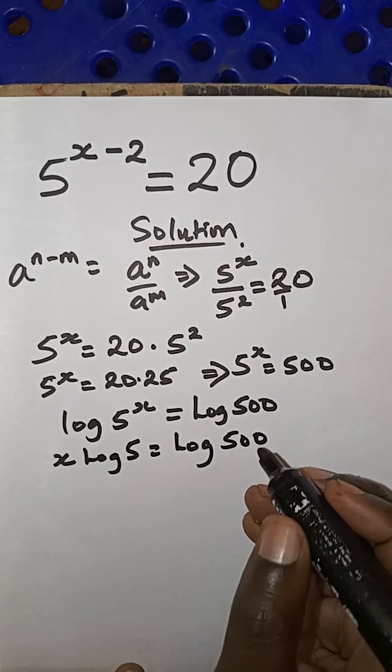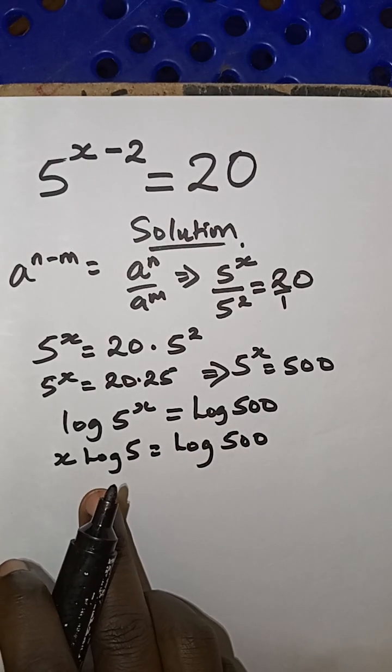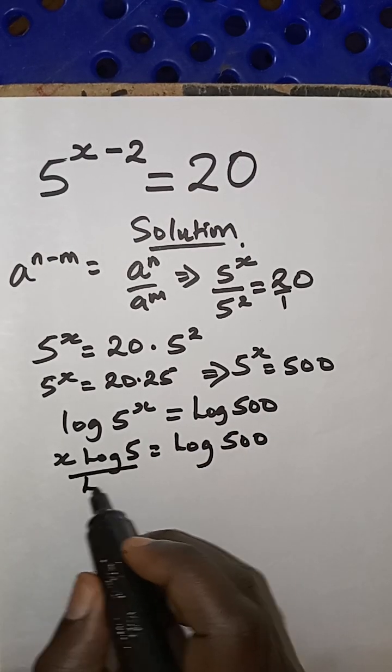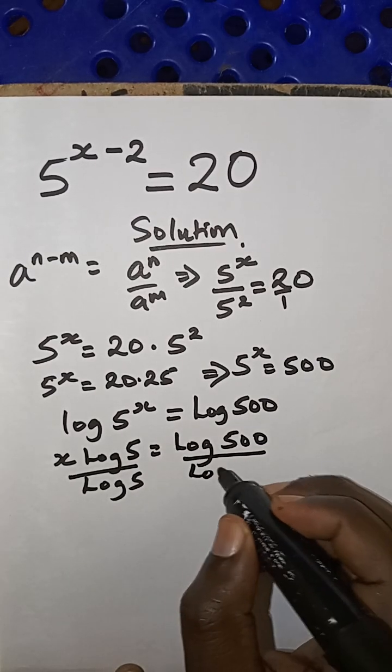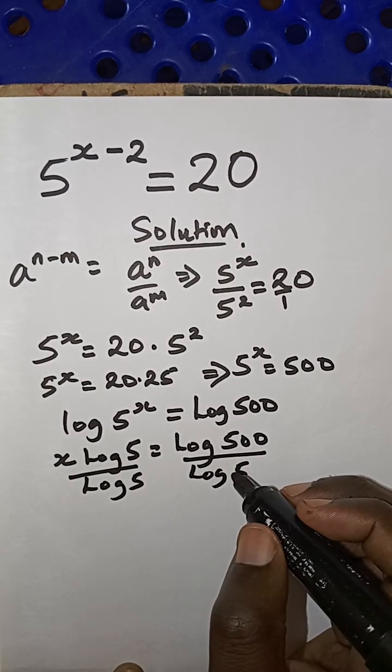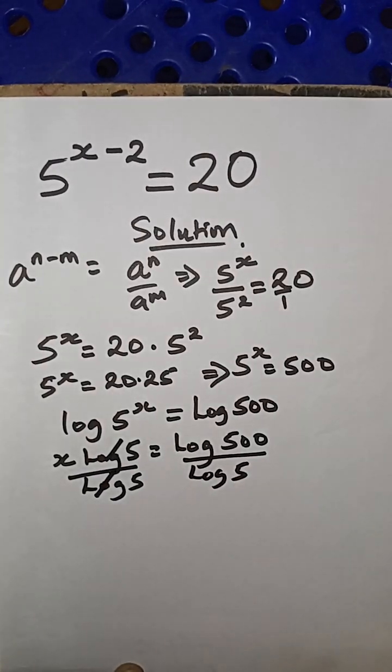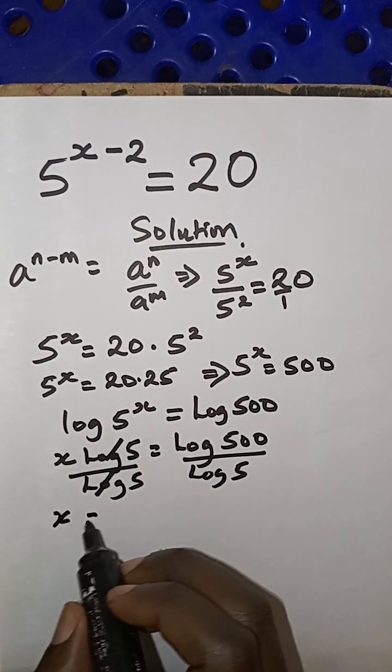At that particular point, for me to remain with x alone, I'm going to divide all through by the log of 5. I'll remain with x is equal to.